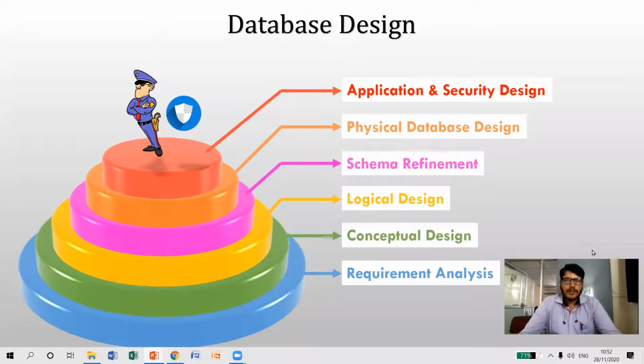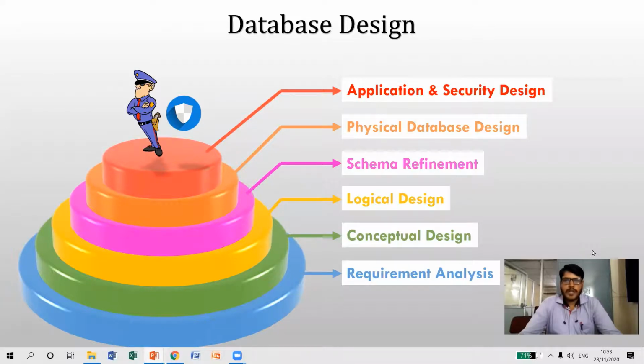And after the refinement process, we are able to physically create our database in hard disk by using certain commands, by using a certain language called SQL. Once we implement our database physically, later on providing proper security for our database is very important.